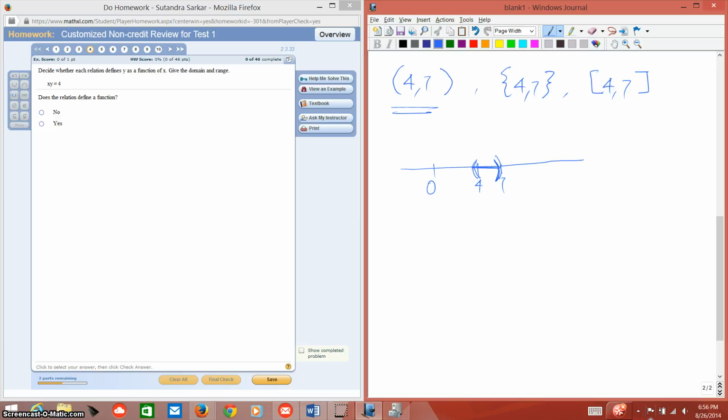When I talk about the closed brackets, it means all values between 4 and 7, including the endpoints. And when I say 4 and 7 within the curly braces, that indicates that it is no longer an interval.